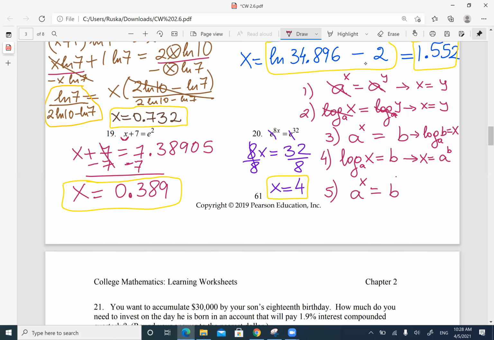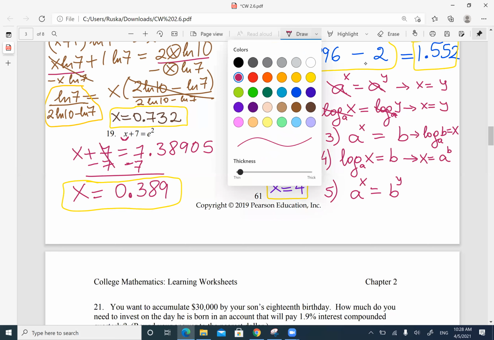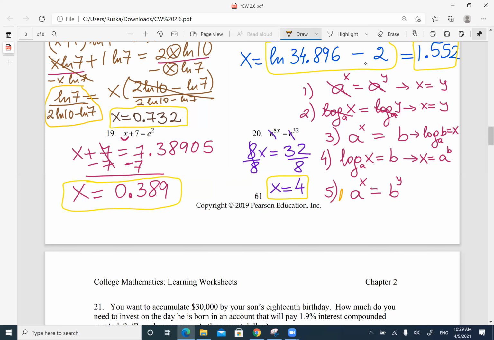Okay? And then the last type we solved is when you have, let's say, a to the x equals b to the y. In this case, you take ln on both sides. So I'm going to take ln here and ln here. And you're going to move the x and the y in front. Whatever is the exponent, I'm using x and y, and that's how you solve it, okay?